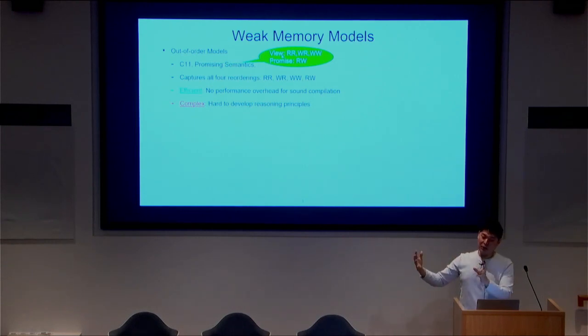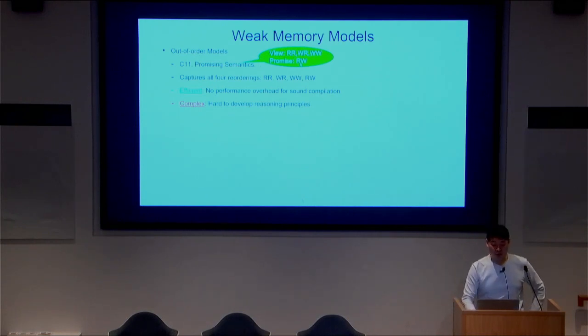The memory itself is relaxed, but execution order is still in order. This view mechanism can model read-read and write reorderings, but for load buffering, the read-write reordering, we really need a mechanism that executes instructions out of order. That's called the promise.